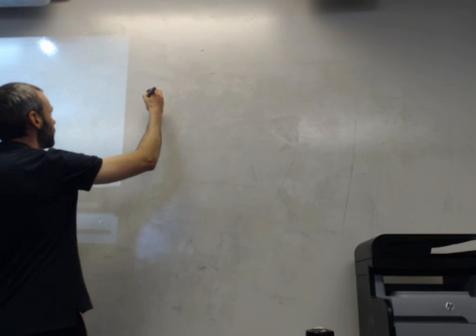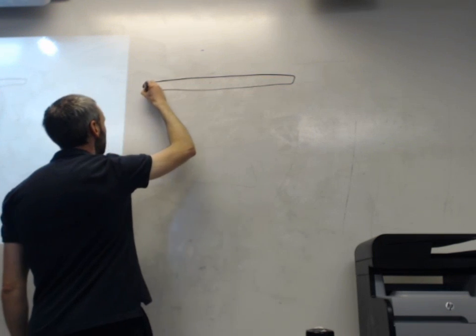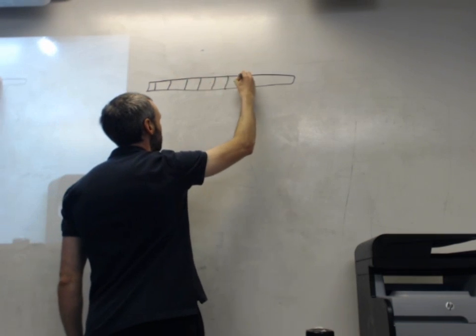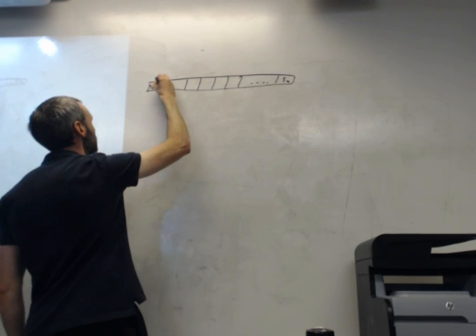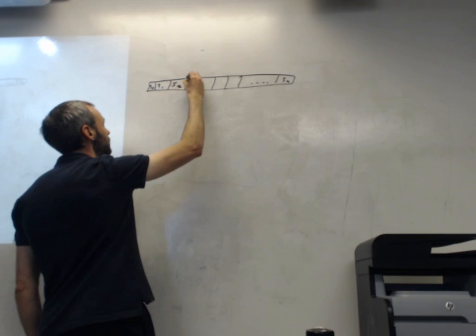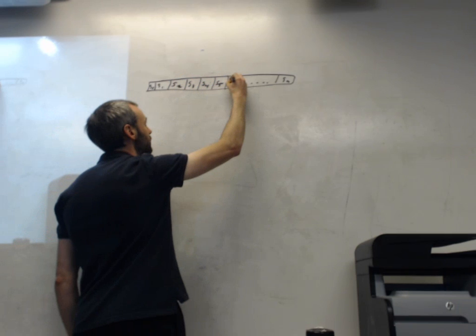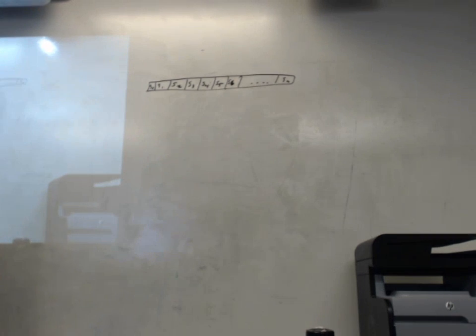If you've got a vector here: sum 0, sum 1, sum 2, sum 3, sum 4, sum 5, sum 6, up to sum n. This n might be 1,000.